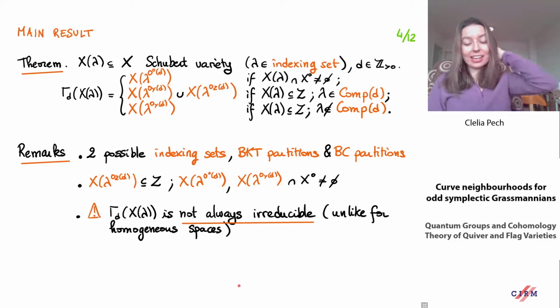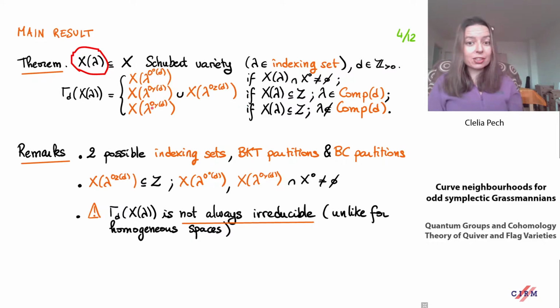Right, so I'd like to start by stating the main result. There's a lot of notation that we cannot really understand at the moment, but just to keep in mind our objective. The first thing is that we'll see later that my X, my odd symplectic Grassmannian, has a Schubert decomposition because it is a Schubert variety of an even symplectic Grassmannian. So I can define Schubert varieties in there.